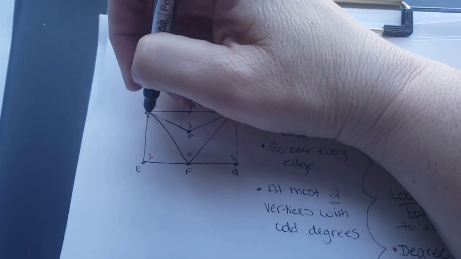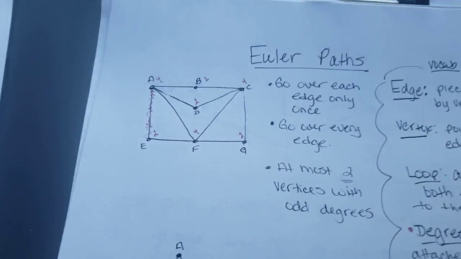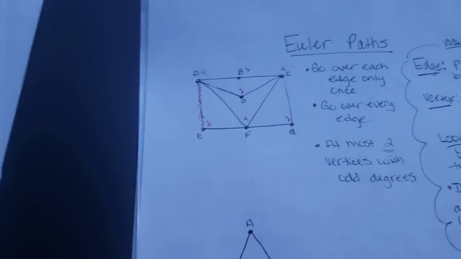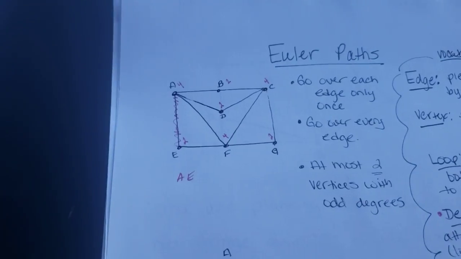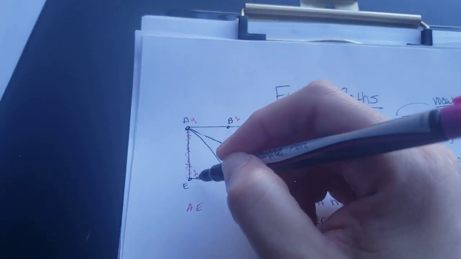So if I go down this way, I can go from A to E, and I'm going to write that down because that's how we describe these paths, in the order of the vertices that we touch.